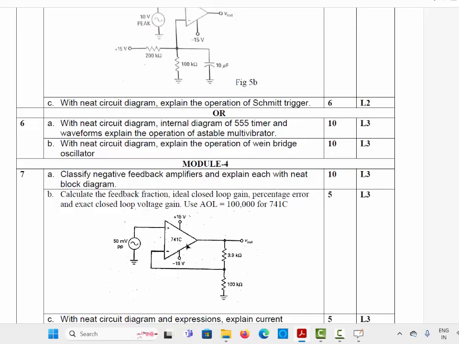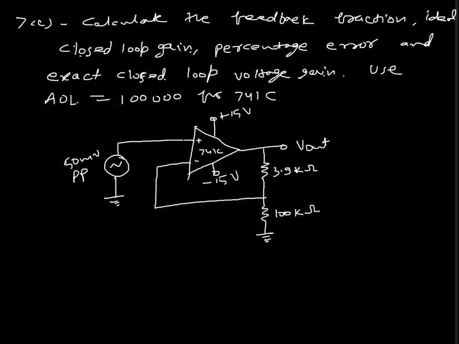This is a problem from the topic voltage controlled voltage source. I have written this question here. First, the feedback fraction.